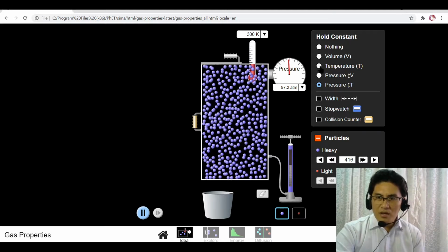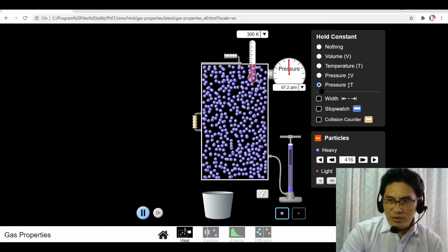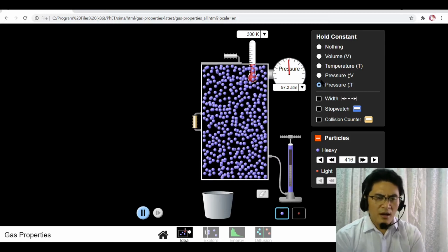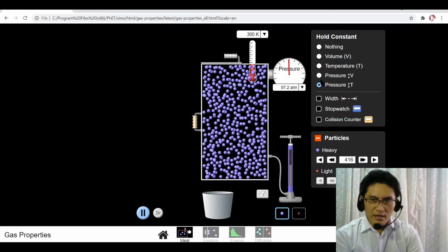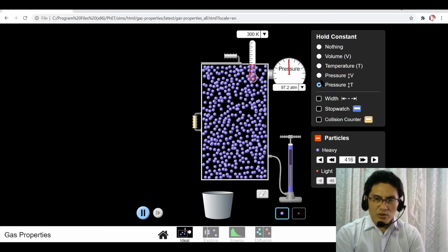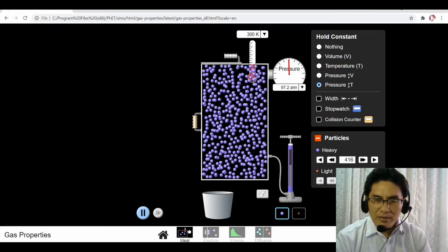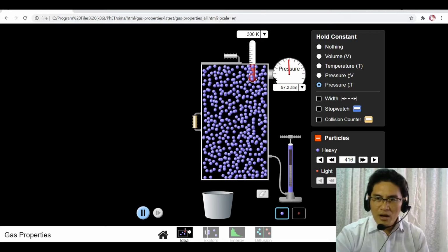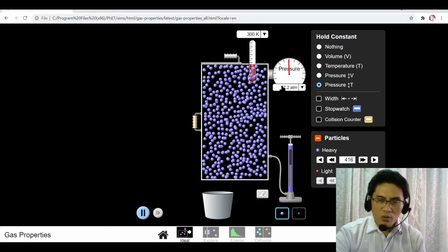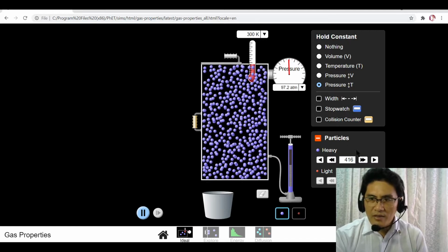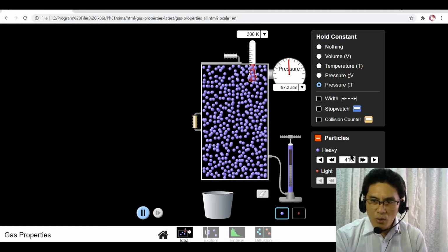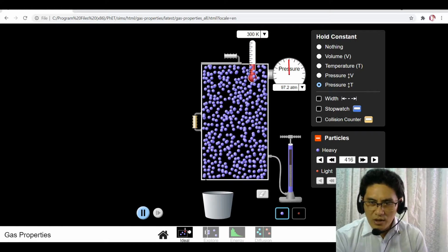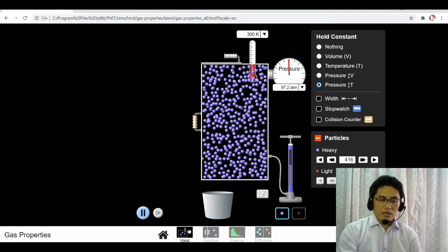It's unfortunate, but there is still a way to do that. Just remember that our temperature is 300 Kelvin, our pressure is 97.2 atmospheres, our number of particles is 416, and our volume, let's assume, is 1 cubic meter.